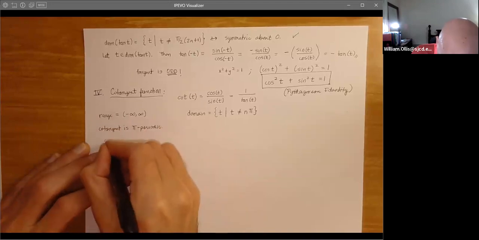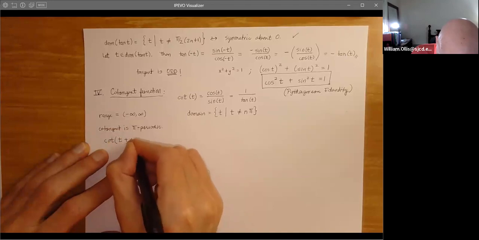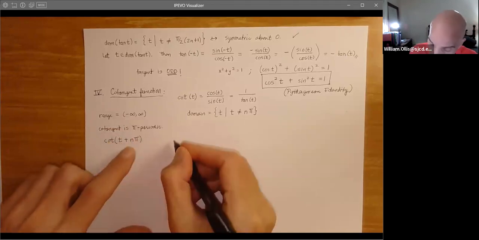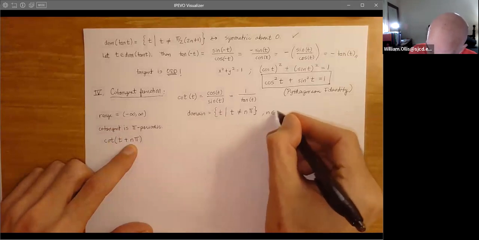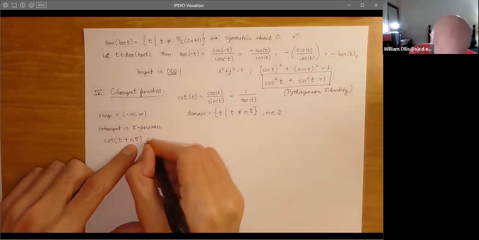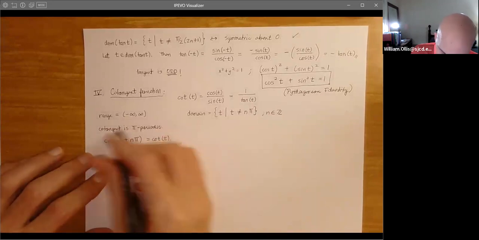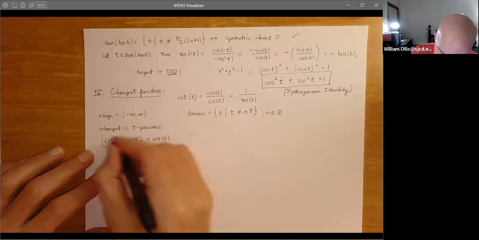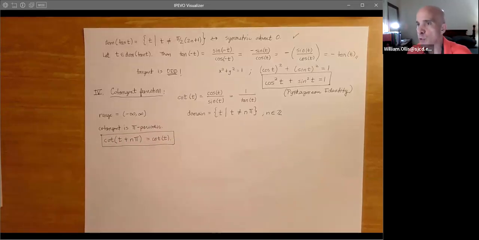And so, of course, cotangent of t plus n pi, where n is an integer. Again, n is always an integer, at least in our discussion today. We just get cotangent of t. This is very important, ladies and gentlemen, and it's what I've been doing from the very beginning when you mod out by 2 pi.